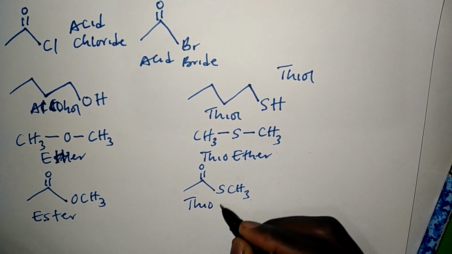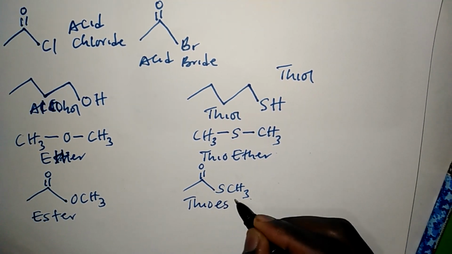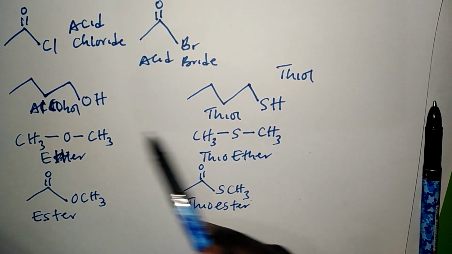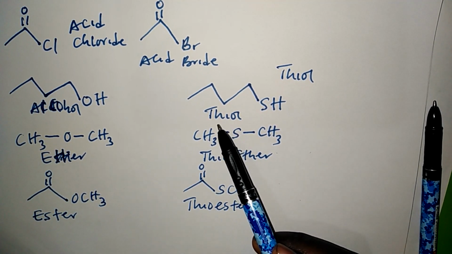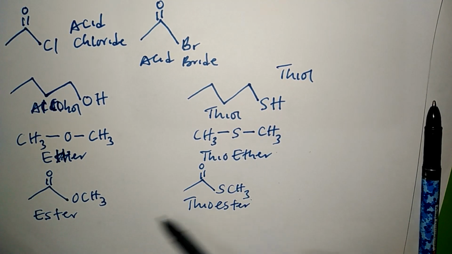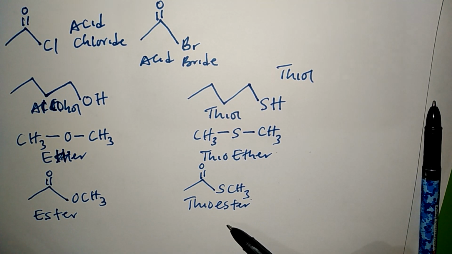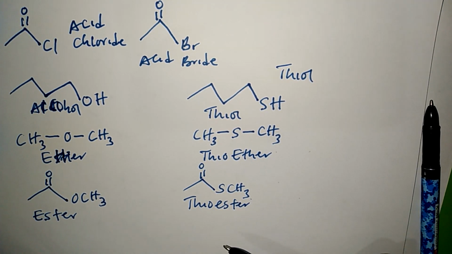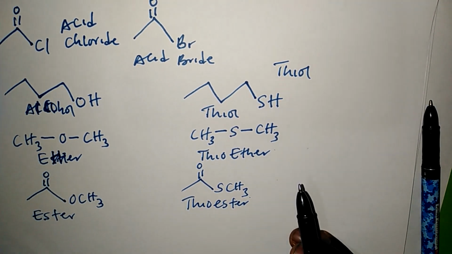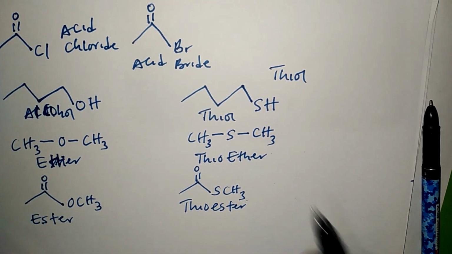So this particular compound will now be a thiol ester. So you see, an alcohol, a thiol; an ester, a thiol ester; an ether, a thiol ether. So whenever you see sulfur included in a compound, you put the word thiol.